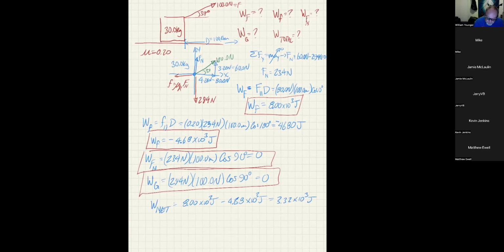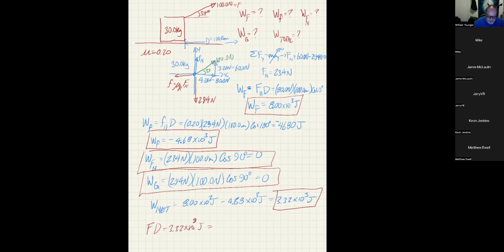And according to the work energy theorem, that's how much the kinetic energy would change. So if you actually applied that force, you could say, wait a second, this is force times distance is equal to 3.32 times 10 to the third joules.